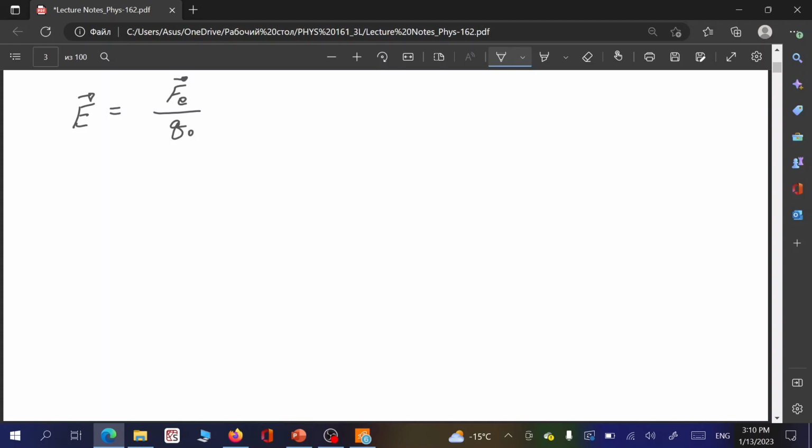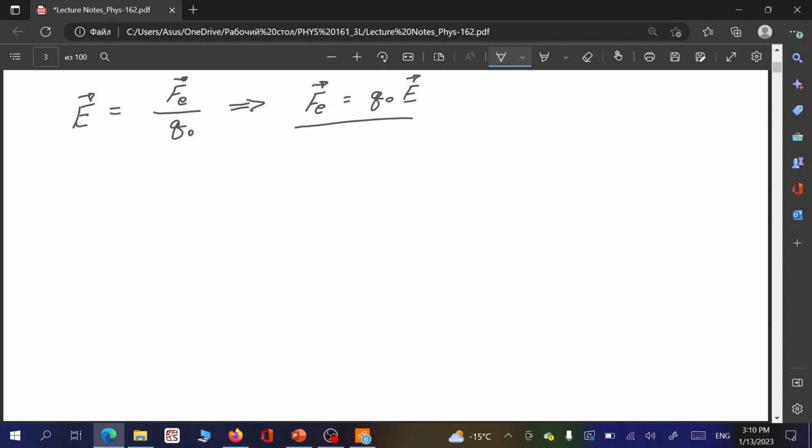So the definition of the electrical field vector will be the electrical force vector divided by the test electrical charge. So if we rearrange this equation, we can write now that Fe, the electrical force, is equal to Q naught times E.